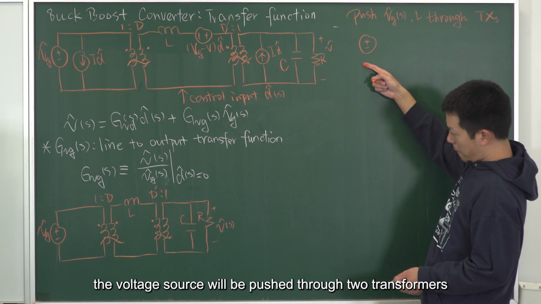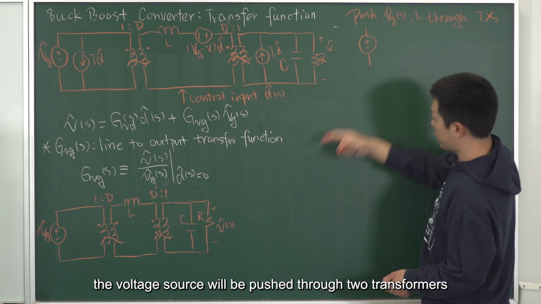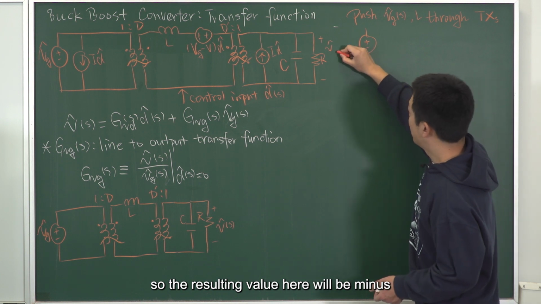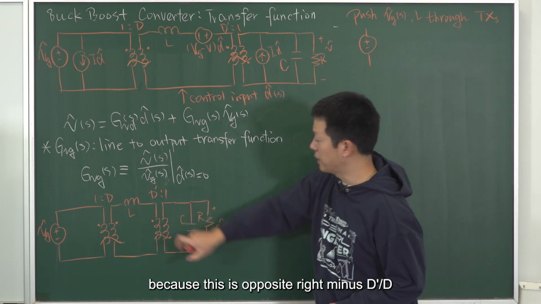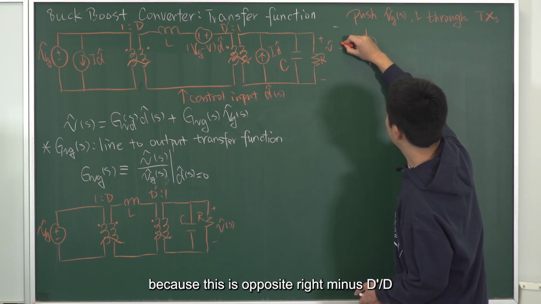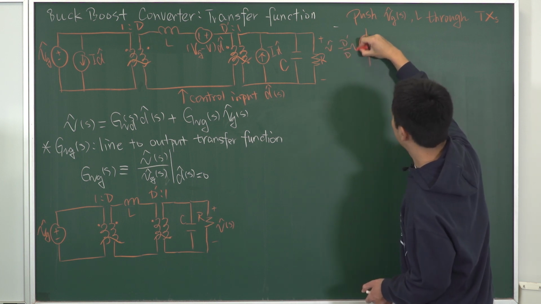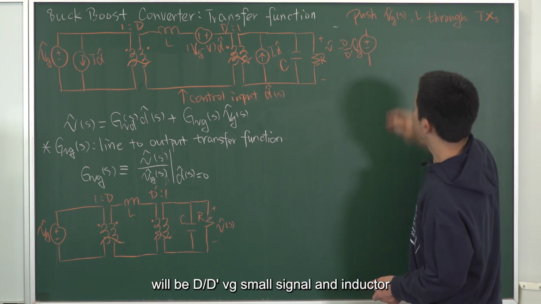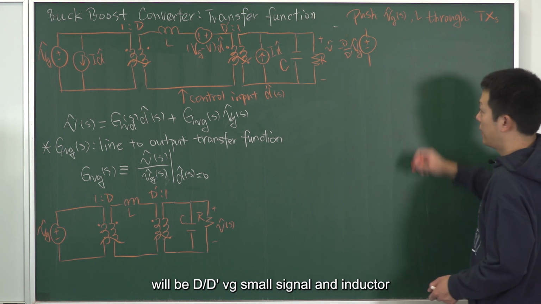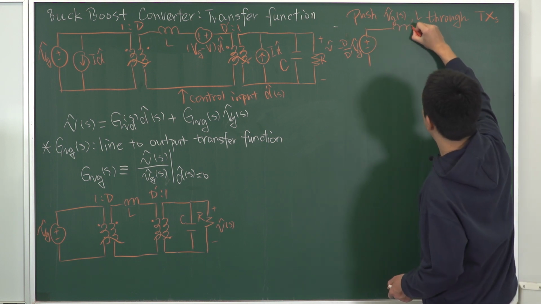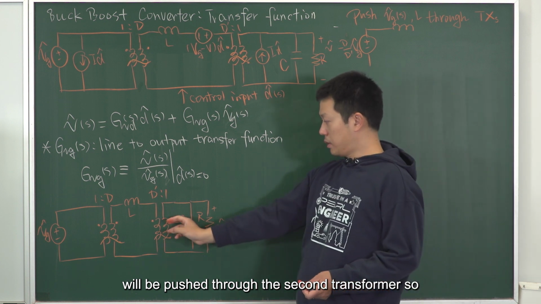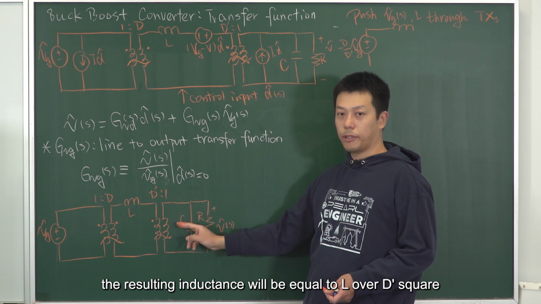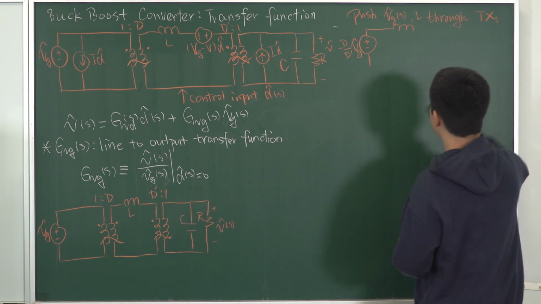The resulting value will be negative because the polarity is opposite: minus D over D prime times V_g small signal. And the inductor is pushed through the second transformer, so the resulting inductance equals L over D prime squared.